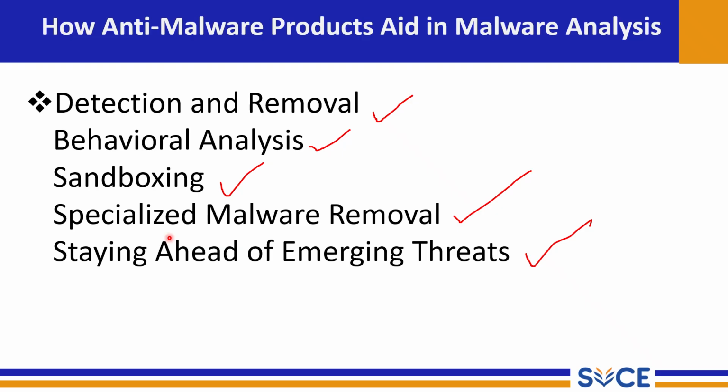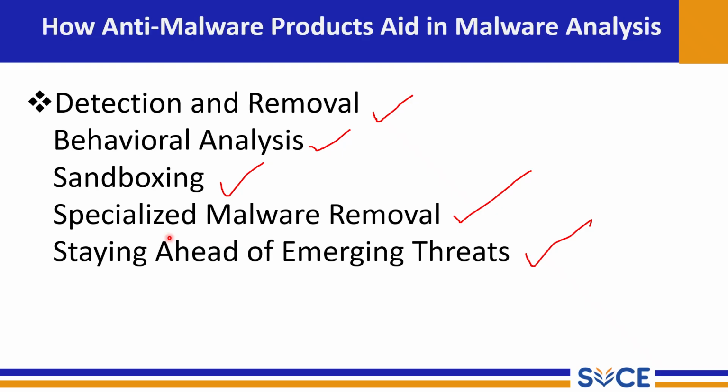And staying ahead of emerging threats: anti-malware developers are constantly updating the tools to detect new and emerging malware threats. This is vital for malware analysis because it ensures that researchers have the latest tools and techniques to analyze the latest threats.